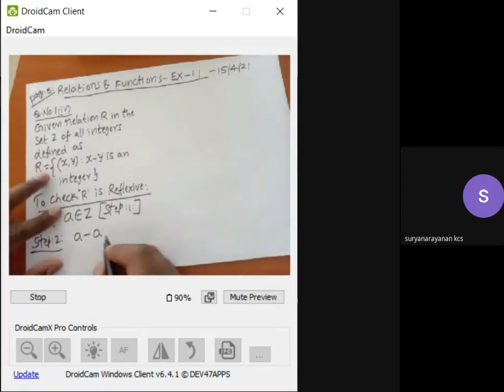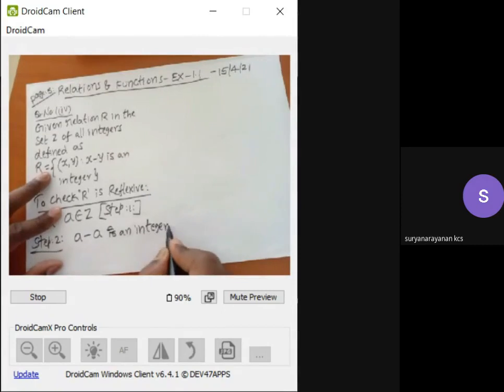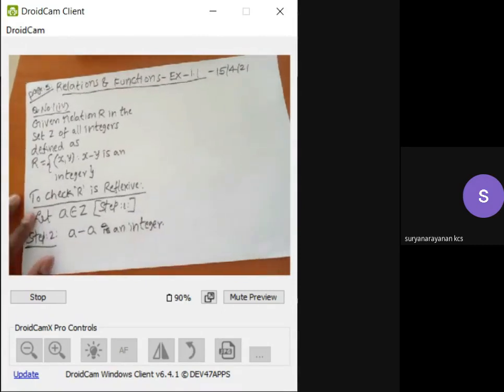After writing these two values, write the remaining part as it is: a minus a is an integer.